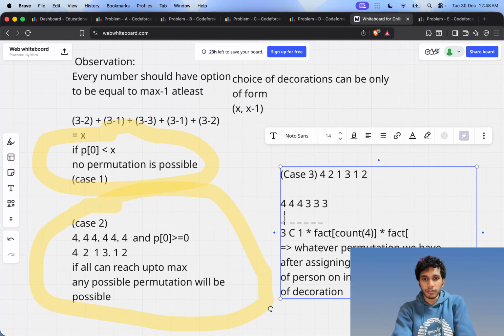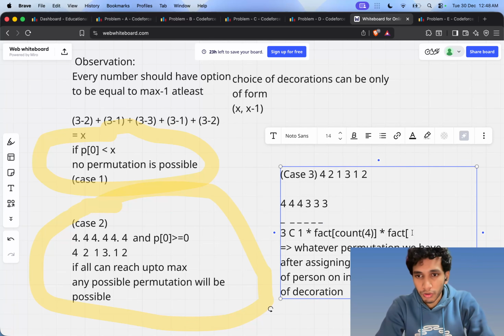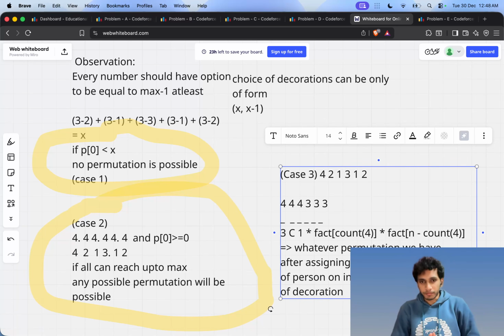Now, for this part, arrange them in any order. Arranging them is equivalent to taking the factorial, so n minus count of 4. So these are the possible scenarios that we have: P0, P1, and P2.